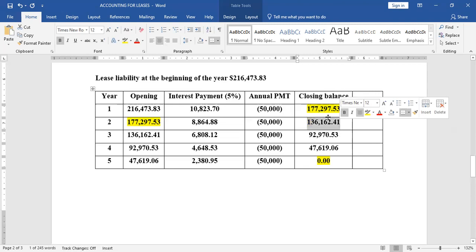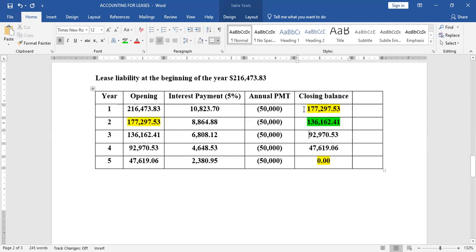So between now and next year, December 31st, the lease will have reduced to 136,162. So we will take this part, the 136,162, as a non-current liability, because it's not being paid within 1 year. It's paid after 1 year. So now we want to figure out what was paid from this amount for this to reduce to this in year 2.